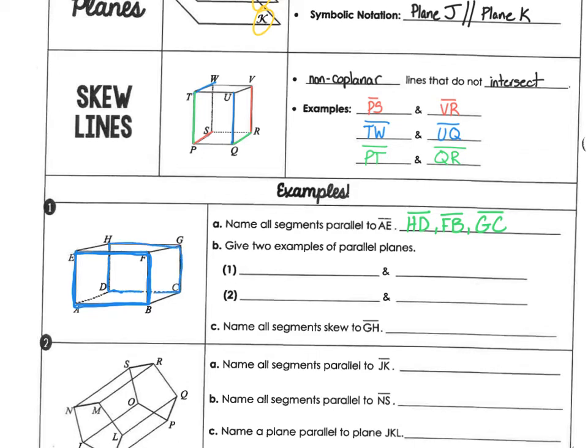Yeah, so if you pulled that square apart and looked at that, so we could name this, we would say plane A, E, F, and plane D, H, G. So when you're naming a plane when they don't have the letter, you can just use any 3 points on that plane. So A, E, F, and B would work for the first one, or D, H, and G. It doesn't have to be the ones that I wrote there. Whichever ones, as long as they are a part of that plane, work for you.